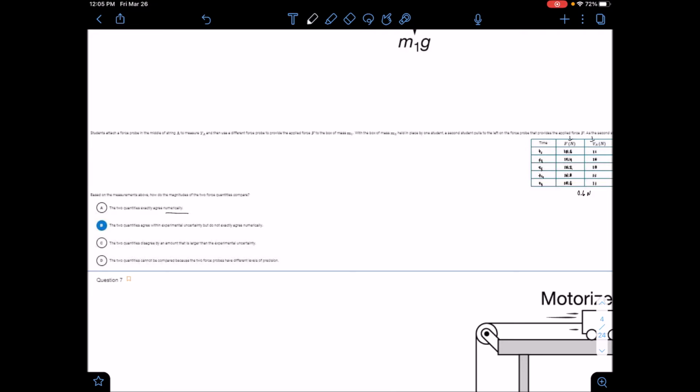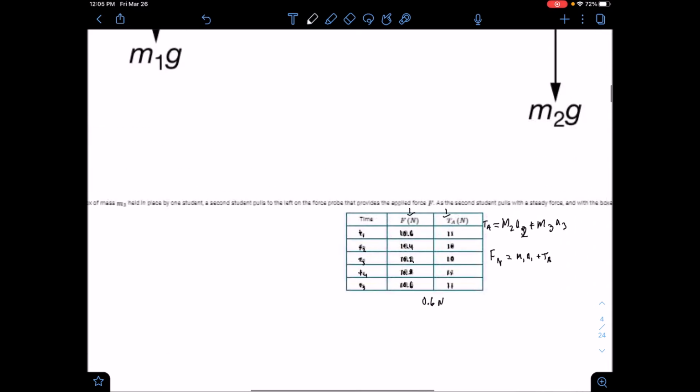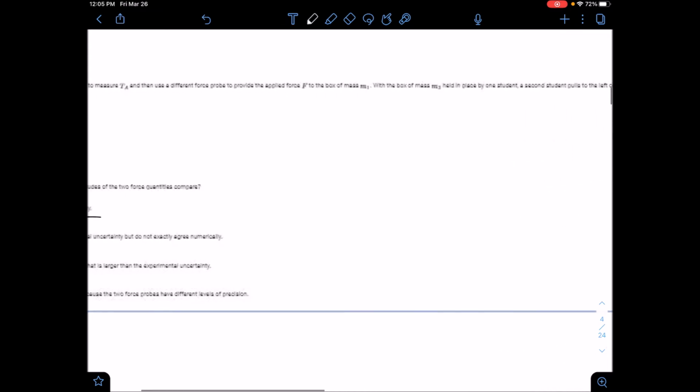So they agree numerically. Well, obviously not. They're not the same at all. The two quantities disagree by an amount that is larger than the experimental uncertainty. Well, the experimental uncertainty should be the greatest distance between the ones that are off. So between, let's see, here, 0.8 newtons.